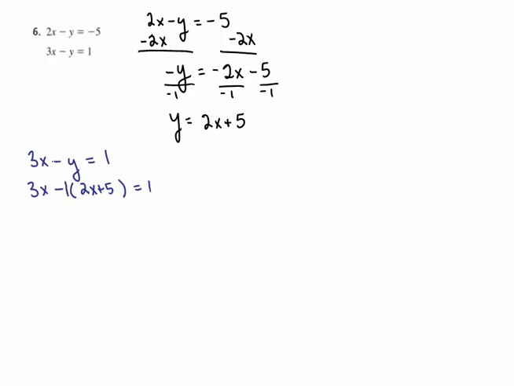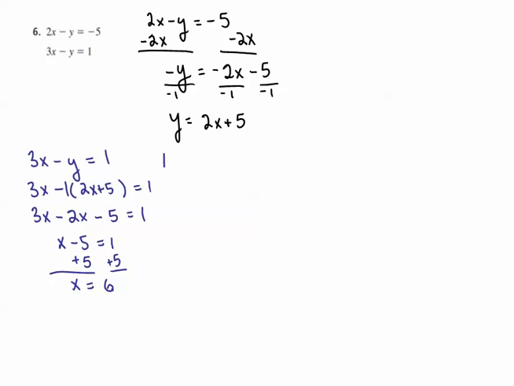We can think of a negative 1 there in front. 3x minus 2x minus 5 equals 1. 3x minus 2x is x minus 5 equals 1. Add 6 to both sides. Sorry, got ahead of myself. Add 5 to both sides. And what I end up with on the right is 6.